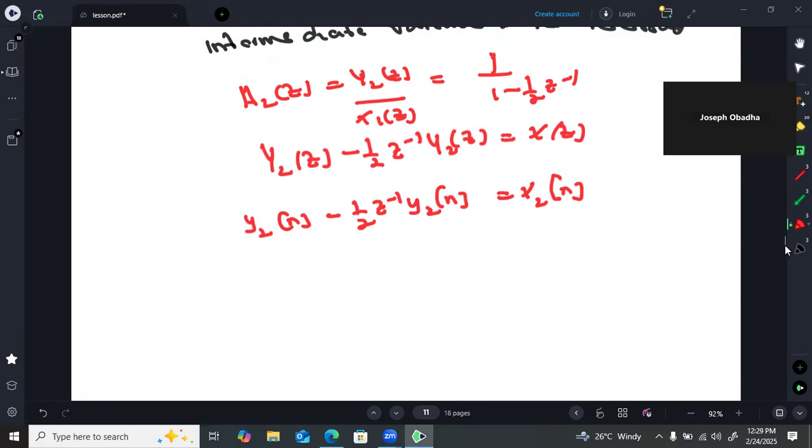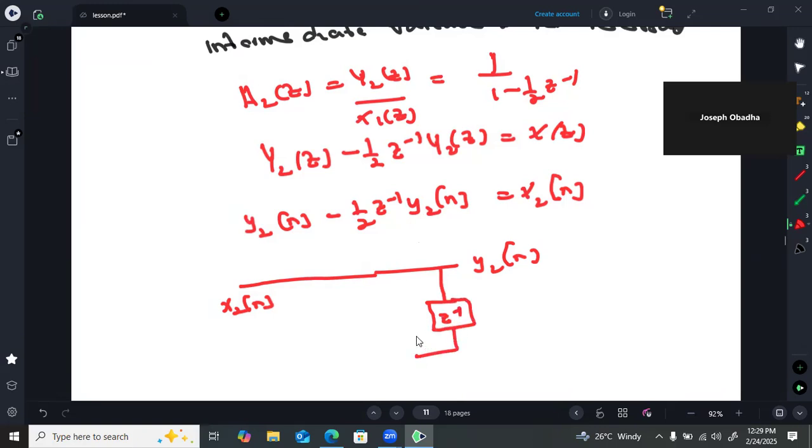Or simply, if we draw this, then you would have X2 of n. You remember the output here is Y2, and so you need a delayed version of Y2 of n, delayed by 1 unit, z minus 1. This will give you this term.